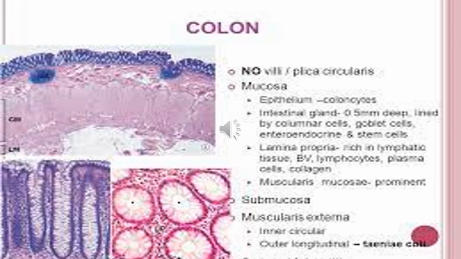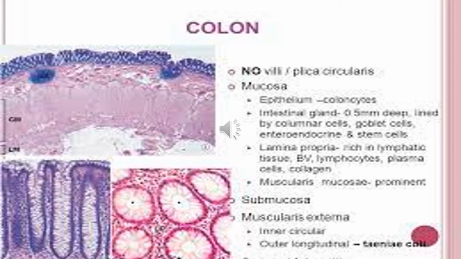However, the lamina propria is rich in lymphatics and lymphocytes, while the muscularis mucosa is in the form of an inner circular and outer longitudinal layer of smooth muscle. Then the submucosa is the usual one, that is, it is made up of dense irregular connective tissue.